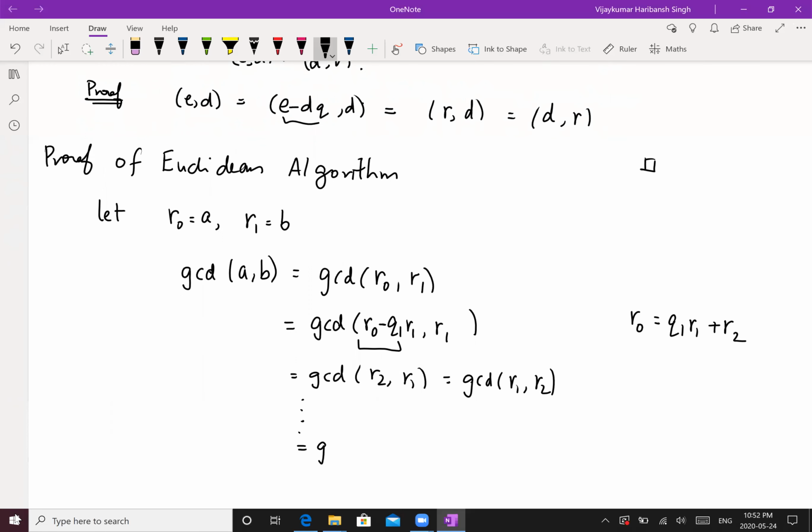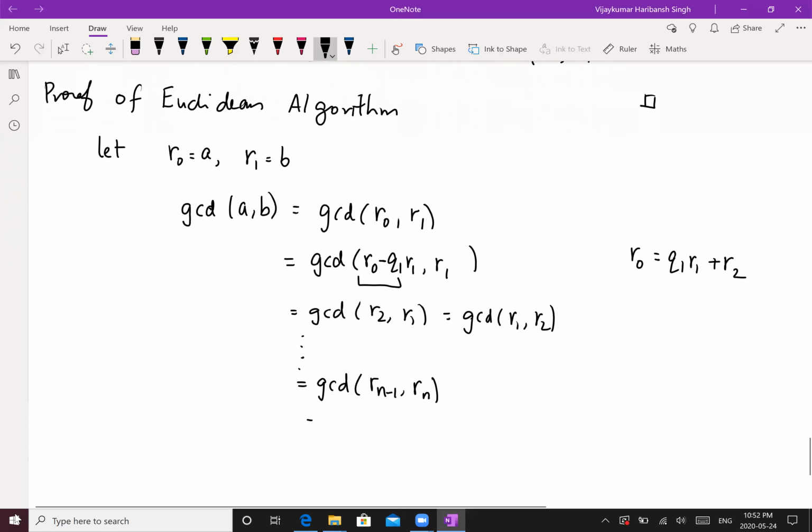I'll keep on repeating this process. I'll get GCD of R(n-1), Rn, which is GCD of R(n-1) minus Rn times Qn, comma Rn.